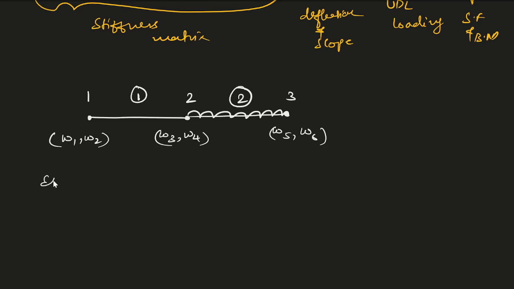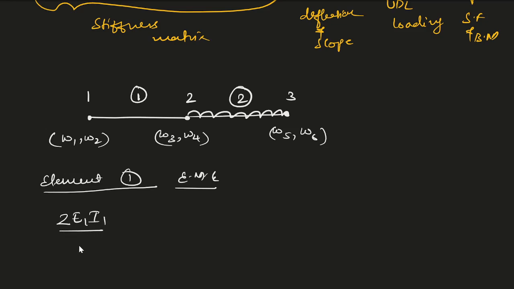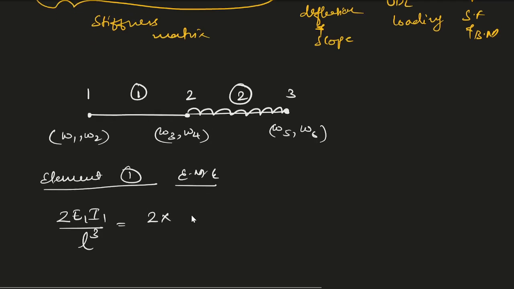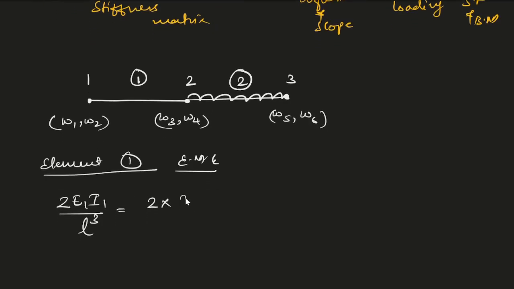For element 1, the element matrix equation, we have to find the first parameter 2E1I1 divided by L cube, where L is the element 1 length. So it's 2 into E1, which is given in the problem as 2 into 10 power 5 Newton per mm square.